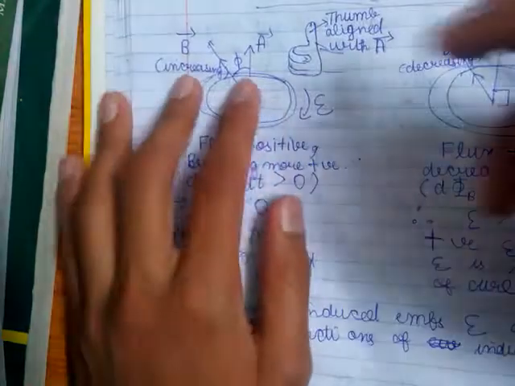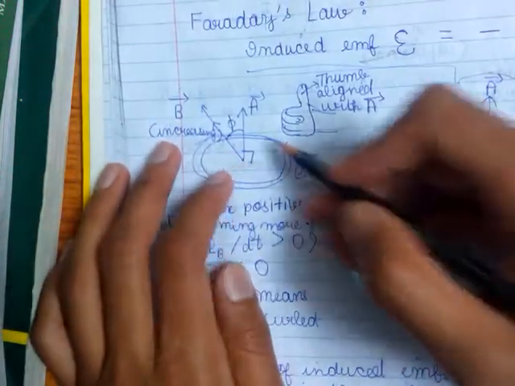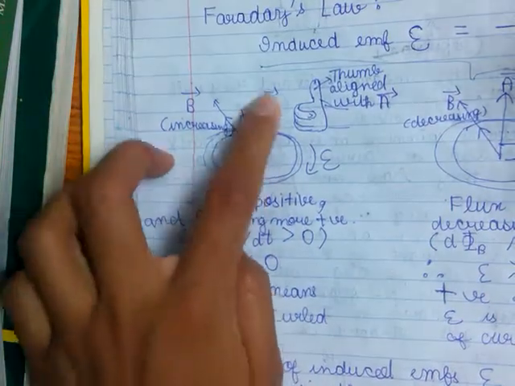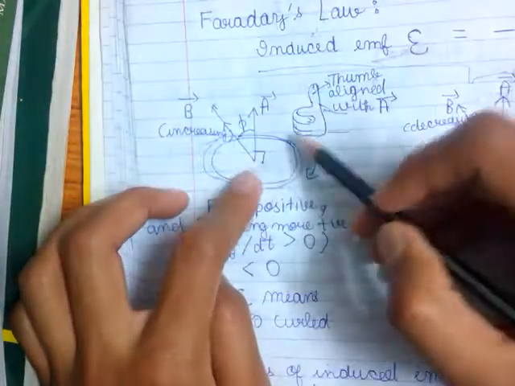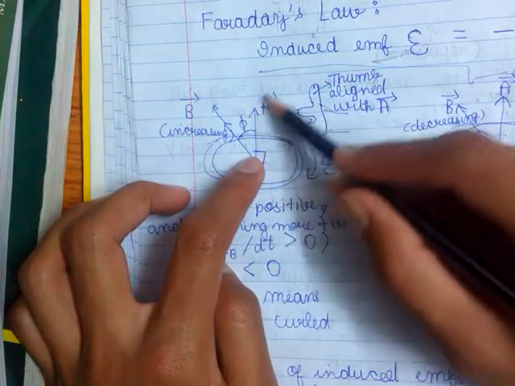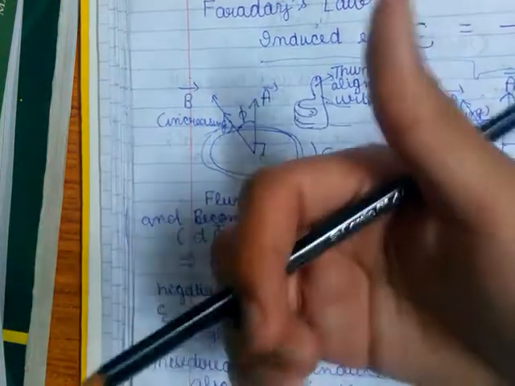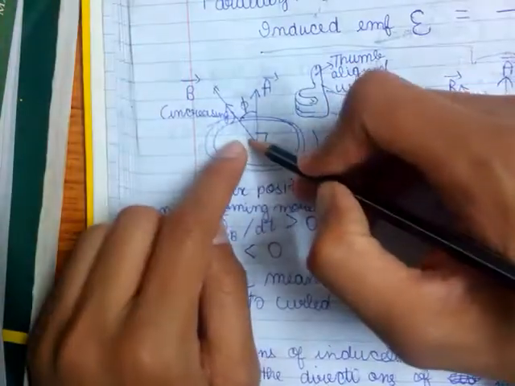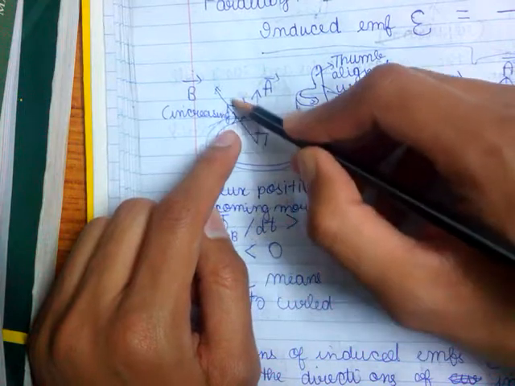Okay, so for example, here we have a loop, and I assign the direction of A as this one above it. By assigning the direction of this A vector, area vector, what I am saying is that I want to measure upward flux. Okay, suppose the B field is in this direction.